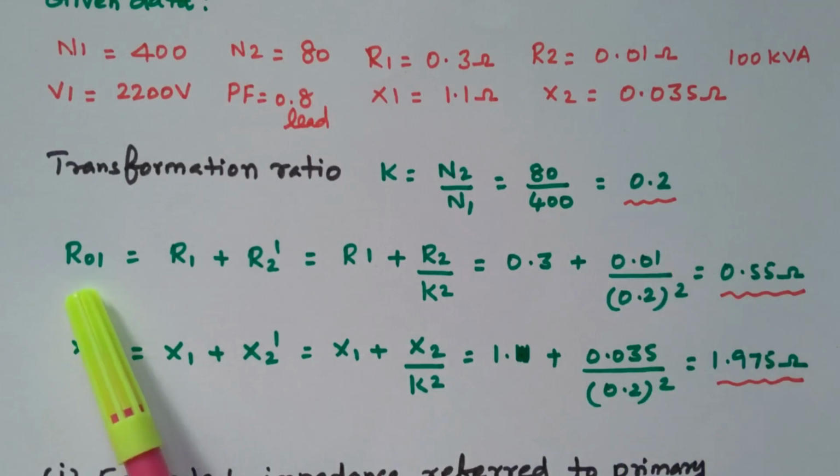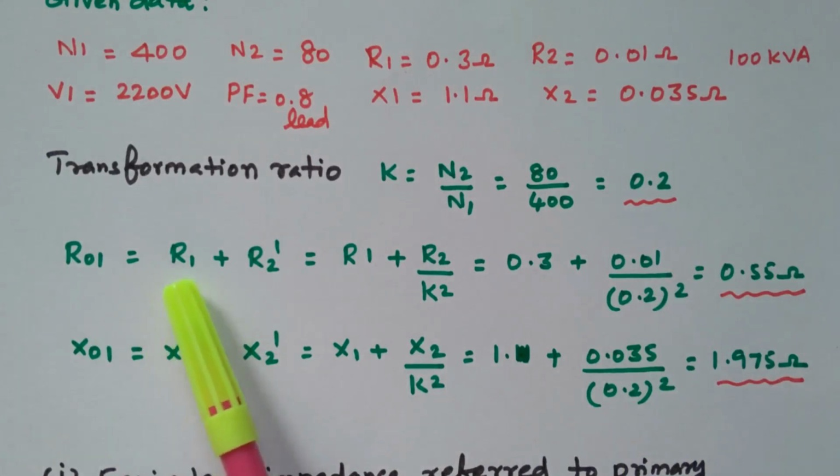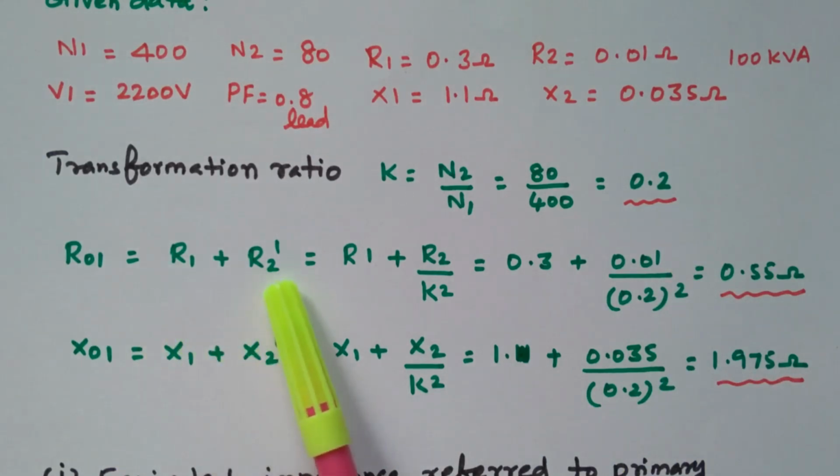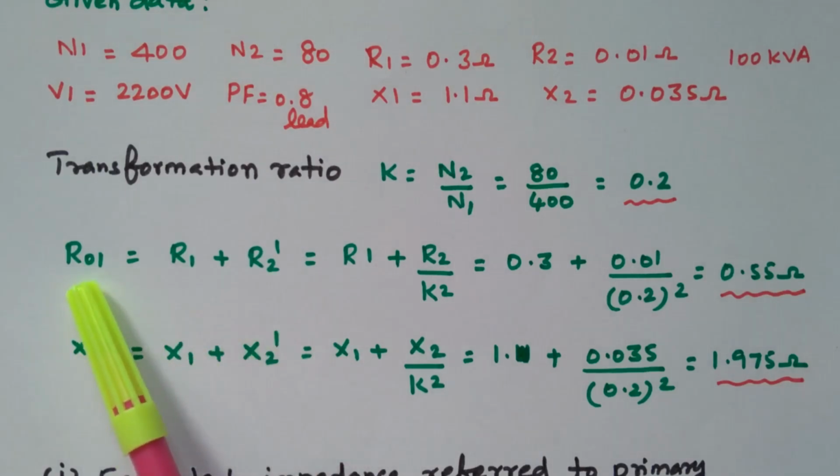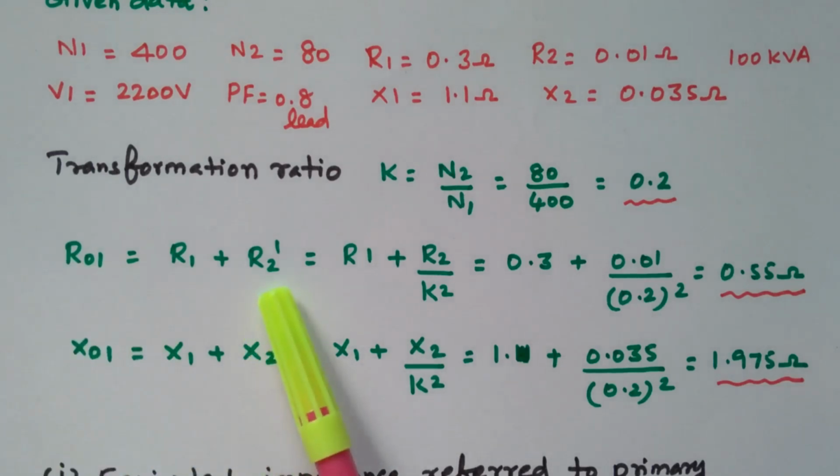Now we will find R01, the total resistance of the transformer referred to the primary side. R01 equals R1 plus R2 dash. R2 dash means the secondary resistance transferred to the primary, and R2 dash is nothing but R2 divided by K square.